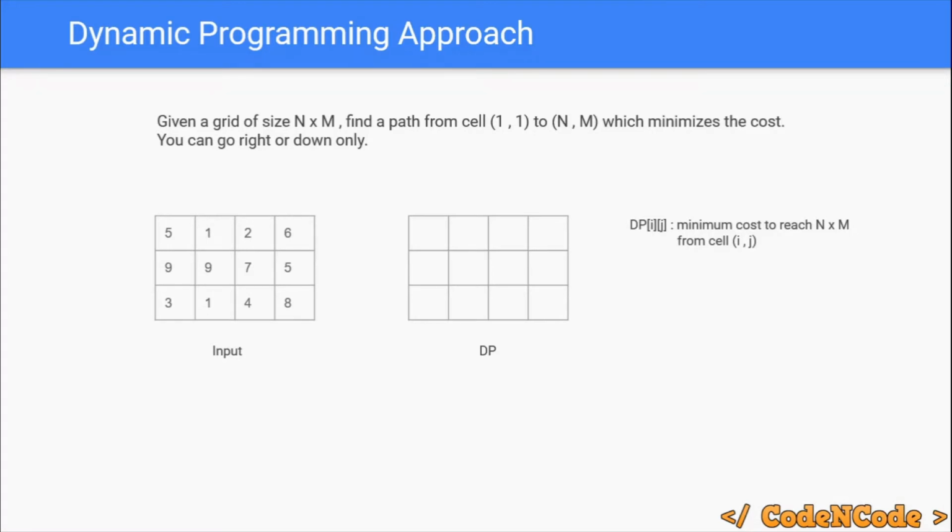Now to solve this problem, how we will approach, we will be filling this DP array, of course. Now suppose you need to go somewhere, some destination, and the place you are currently at has two different streets, one on your left, one on your right, doesn't matter where it is.